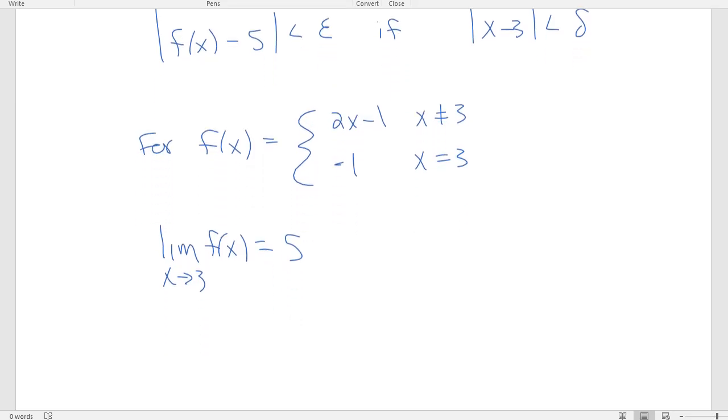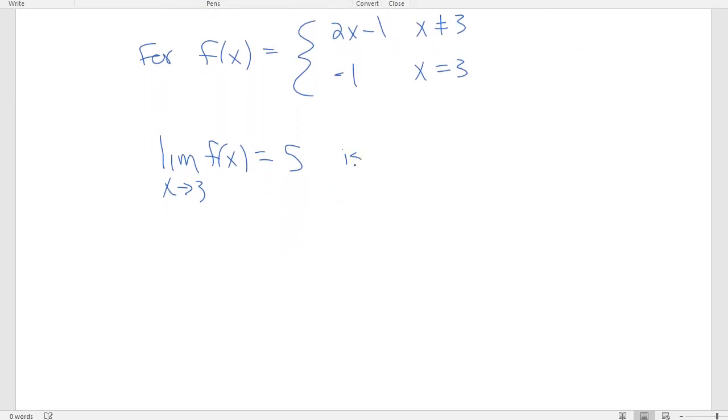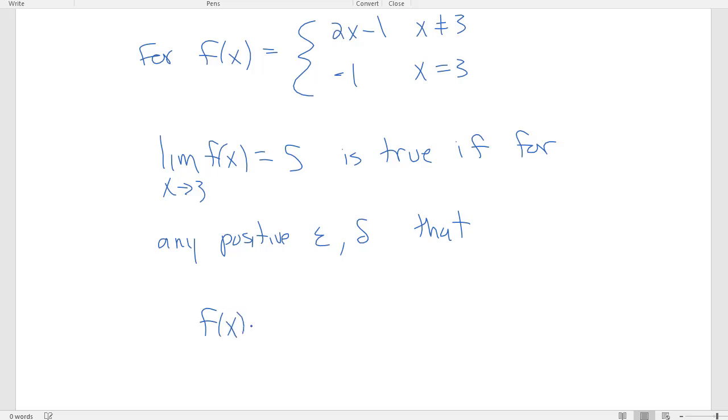We'll say this is true if for any positive epsilon and delta, f of x minus 5 will be less than epsilon if x minus 3 is less than epsilon over 2. That was our delta value. So in a very arbitrary fashion, we're saying we can get as close to 5 as we want as long as we are this close to the x value.